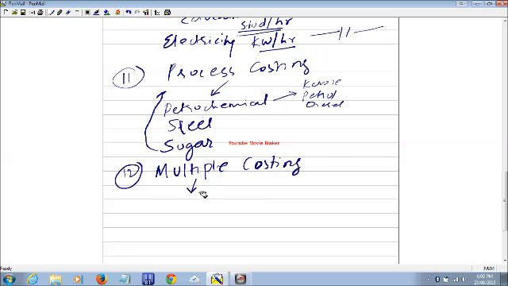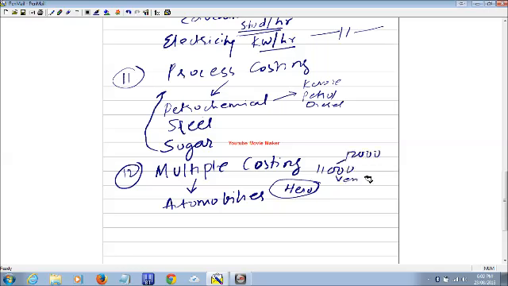Now I will tell you another example: multiple costing. An example of multiple costing is automobiles, which I gave you as an example in a car.